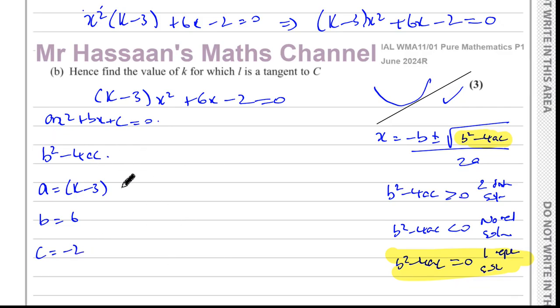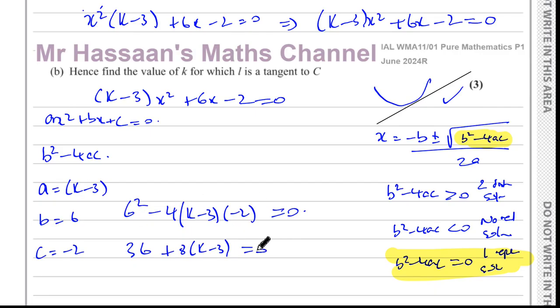So our discriminant is going to be 6 squared minus 4 times k minus 3 times minus 2, and that has to equal 0. So you have 36, plus 8 times k minus 3 equals 0.